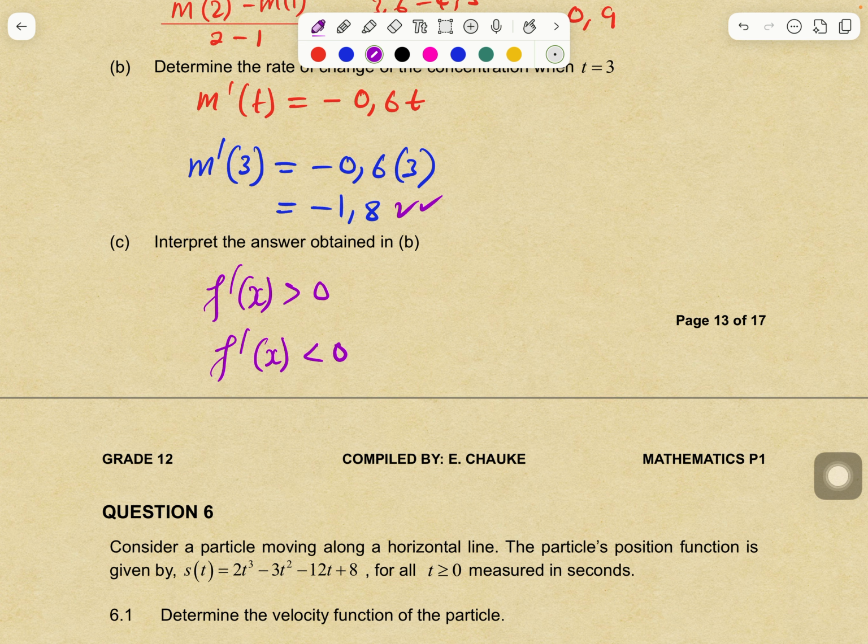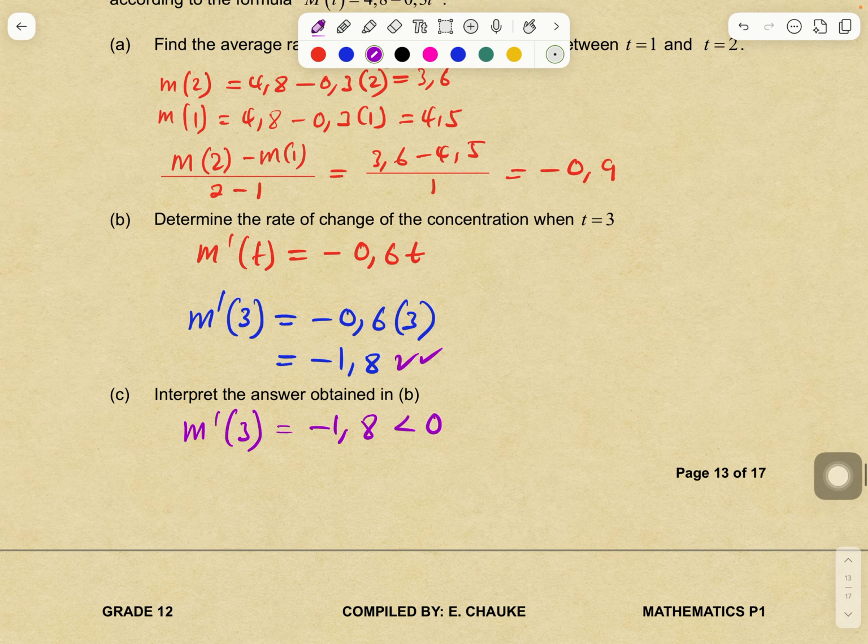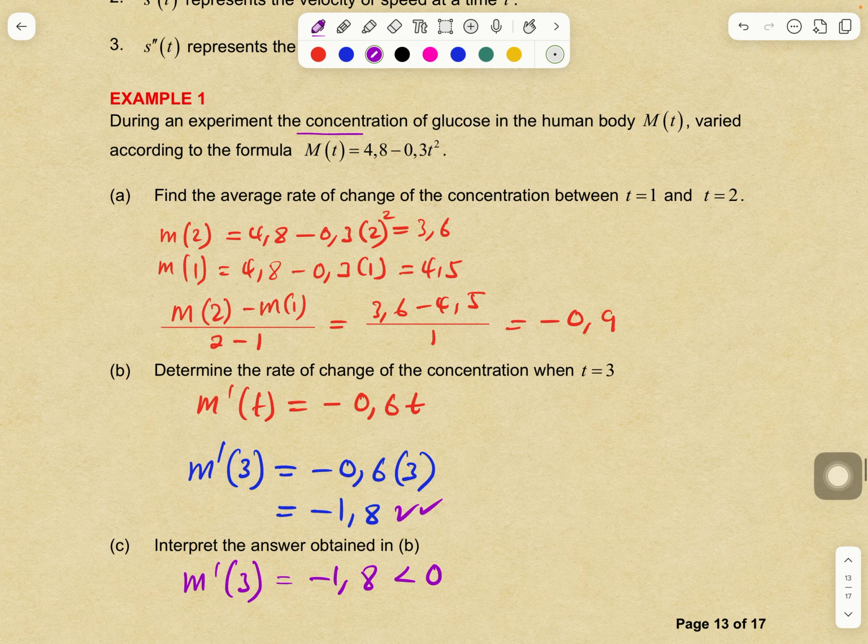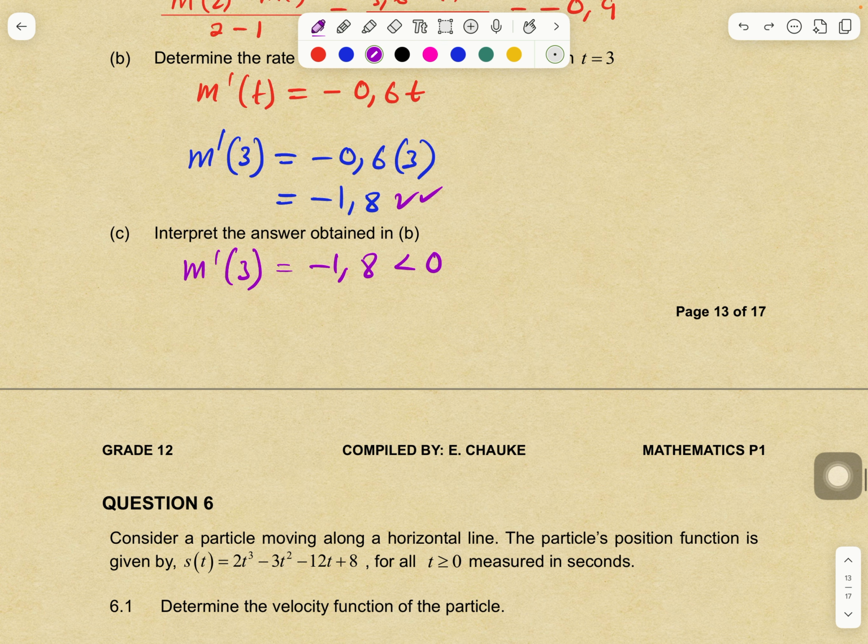So our derivative here was less than 0. That means it was decreasing. So let's interpret now. M prime of 3, which is equal to negative 1,8, is less than 0.